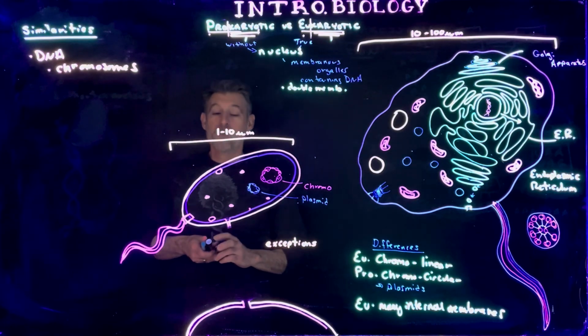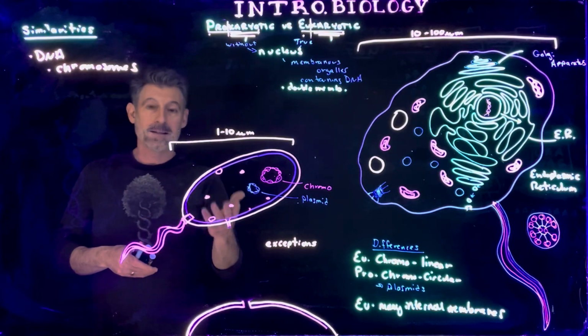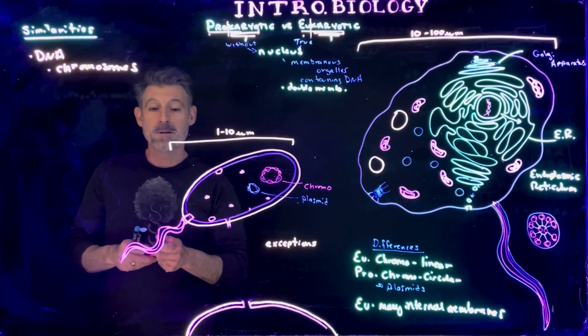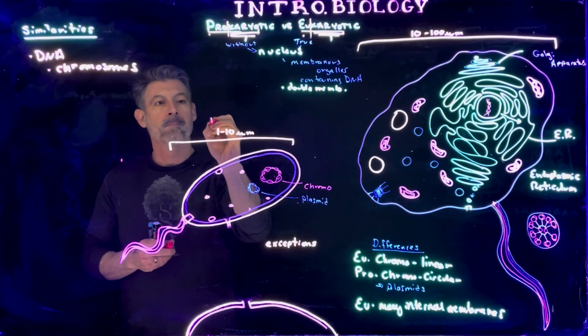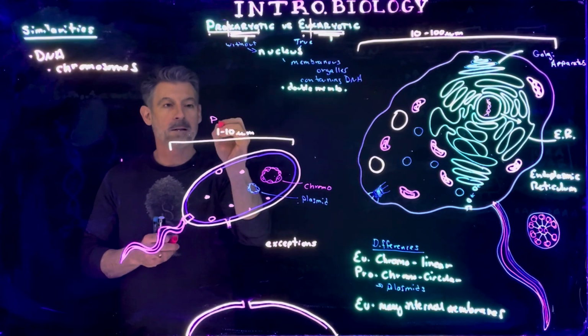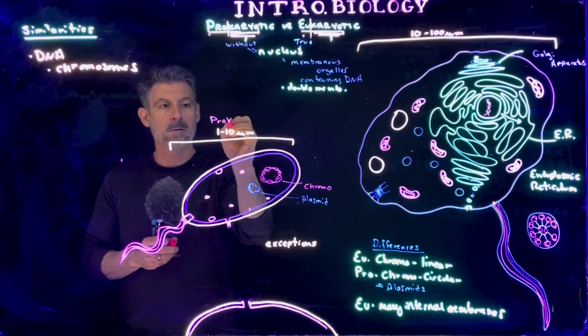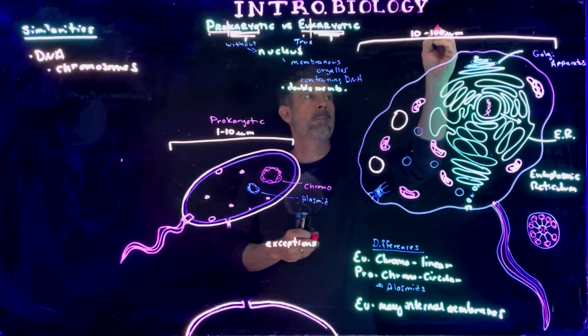One thing that you'll usually hear or learn about bacteria is that they have no internal membranes. And I'll talk about the size in a little bit. We're getting there. We're not quite there yet. Prokaryotic.